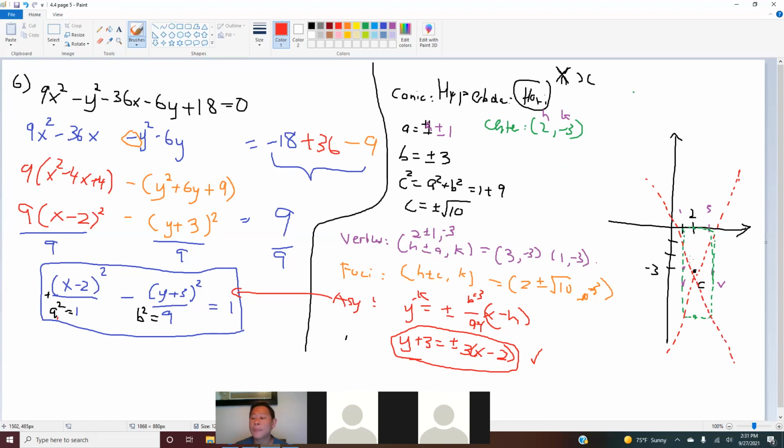What you do with your graph is you just draw a sideways hyperbola that will be parallel to, and cannot cross, your asymptotes. And this one goes like that too. So it's pretty wide actually. So this is your answer for the graph for number 6.